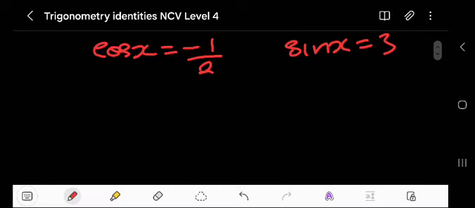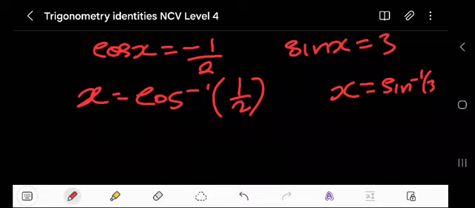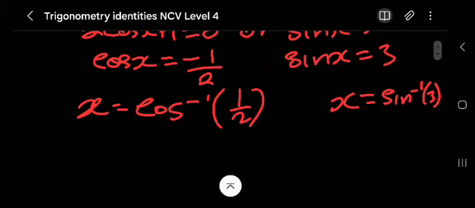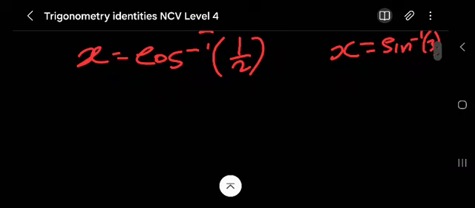You can say x, I will decide not to put the negative, I'll just put this positive also here. Then I put 3 there. So cos is negative, where you come and check the quadrants.